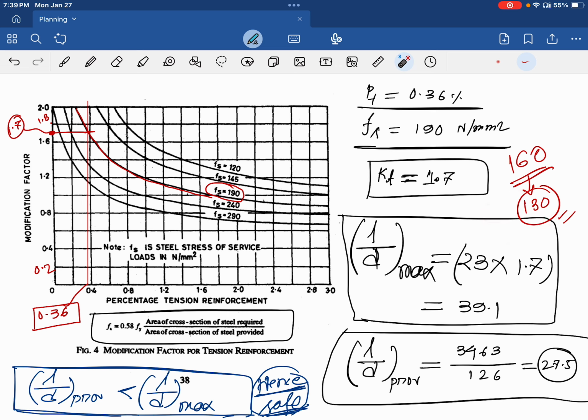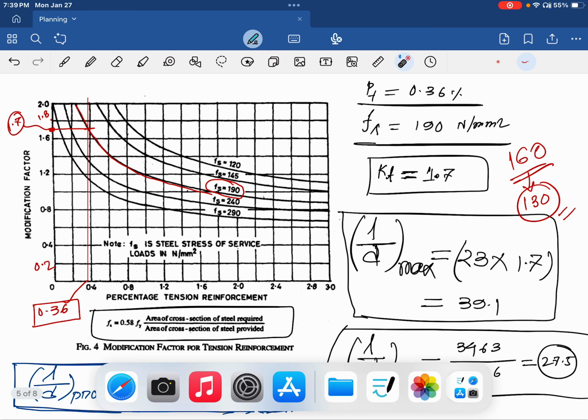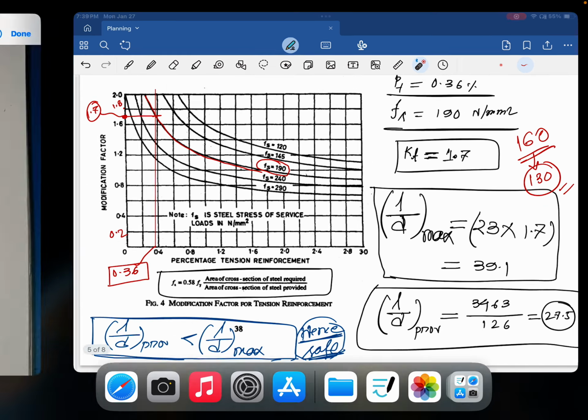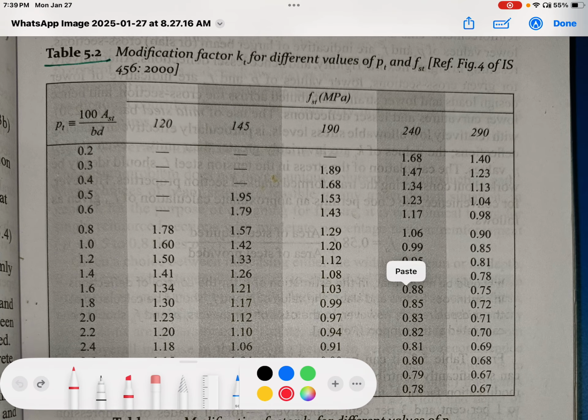Okay. So I hope you have understood this modification factor calculation from figure 4 of IS 456 and how to check the detailing deflection. If there is any problem calculating the modification factor from this chart, you can have a look at this table.